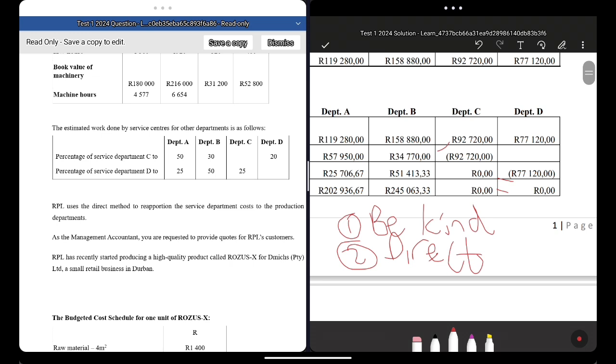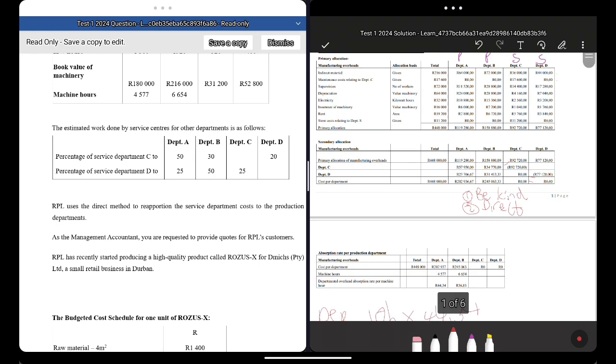This one will be 77,120 times 50 over 75. You see? It's literally how we do the direct method. So first we be kind, we split between the 3. Second, we change to the direct method instantly, and then we do the direct method with the second department closing. And that's done, and that's how you do the replicable method.